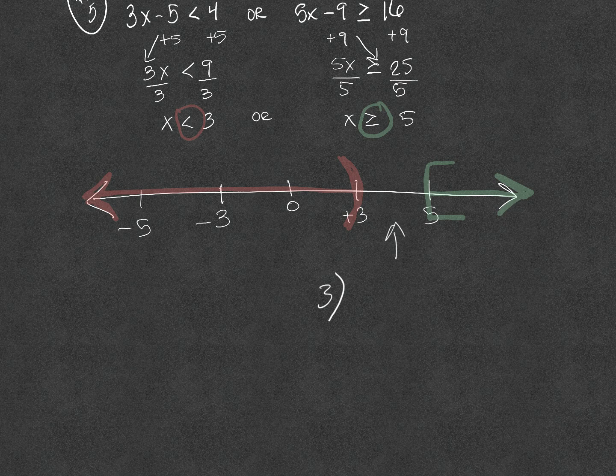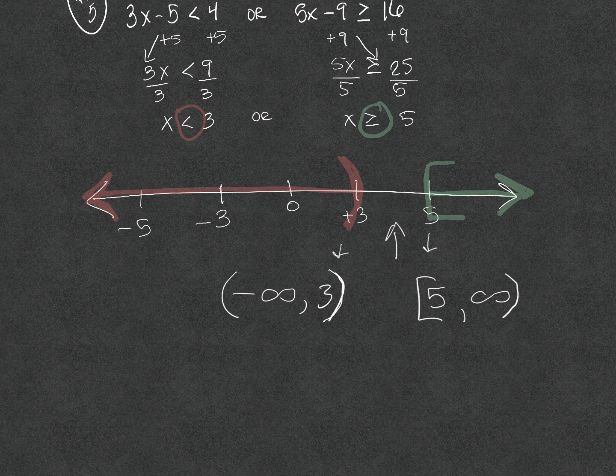I have the 3 there. I have the 5 there. See how easy it is just to drop that bracket or parenthesis. Now I have a negative infinity, and I have a positive infinity. Remember, infinity cannot have a bracket. It'll always have a parenthesis.